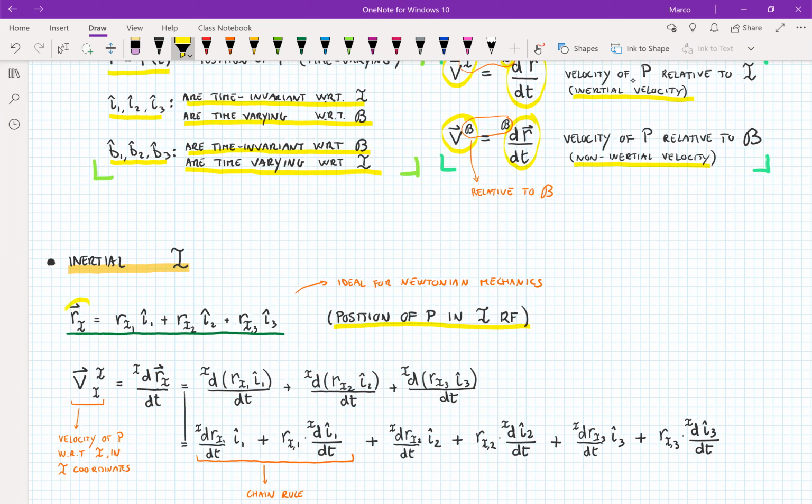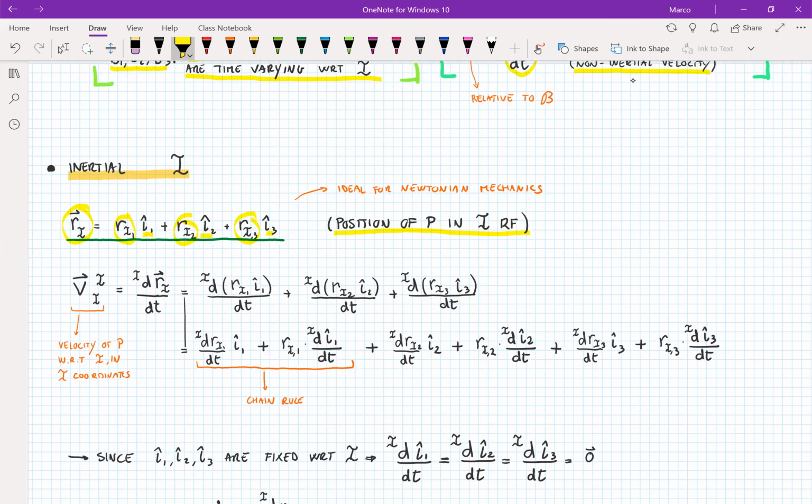So R in the I coordinates is just RI1 in the I1 direction, RI2 in the I2 direction, plus RI3 in the I3 direction. Now let's take the derivative of this position vector and get the inertial velocity vector, and we keep that in the I coordinates.